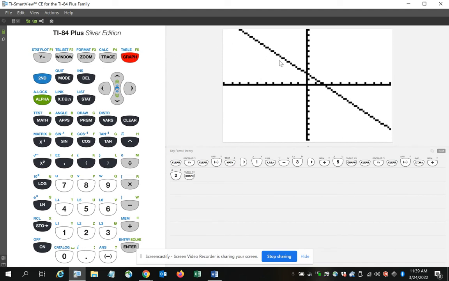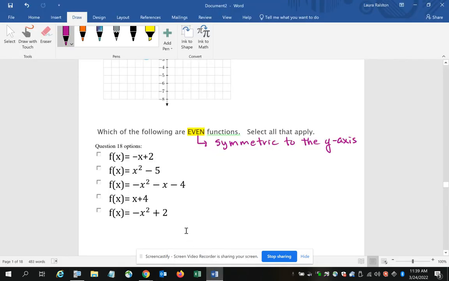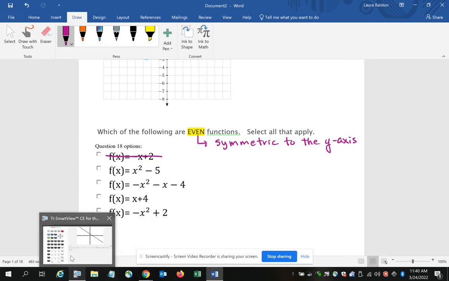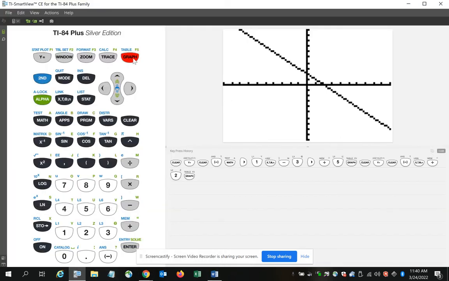Okay, so that gives me a line, and so then I have to think about it. If I fold this graph across the y-axis, which is the vertical, would the graph be on top of itself? And I surmise that it does not, so this one is not even. Then I want to look at x squared minus 5.